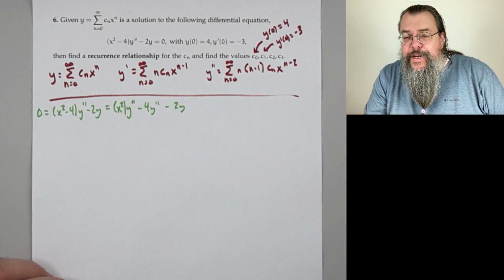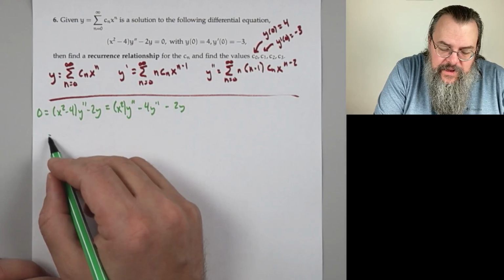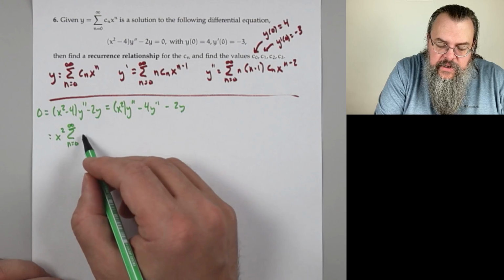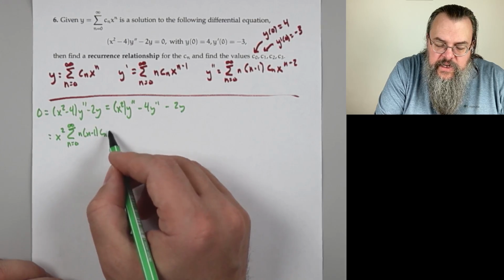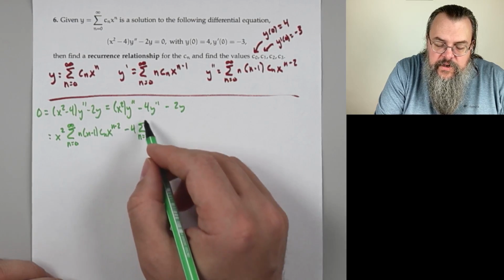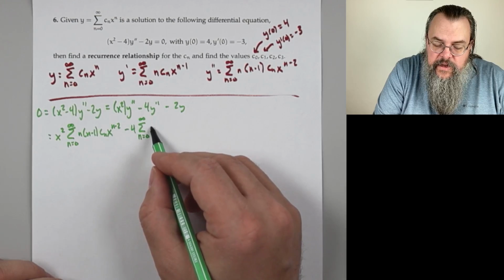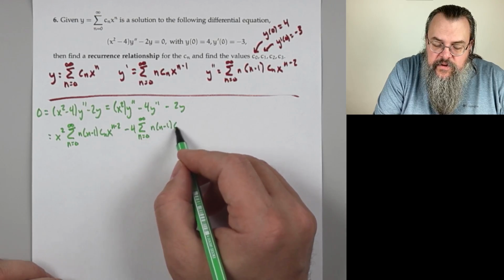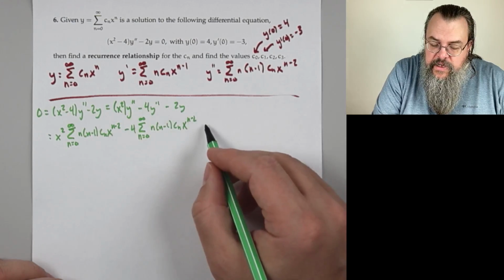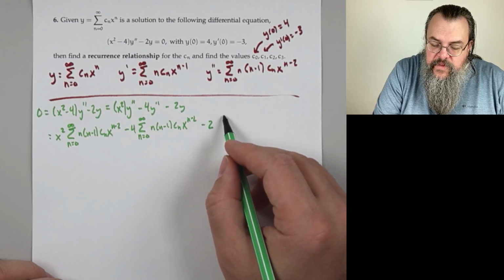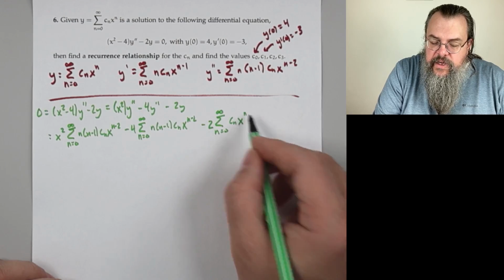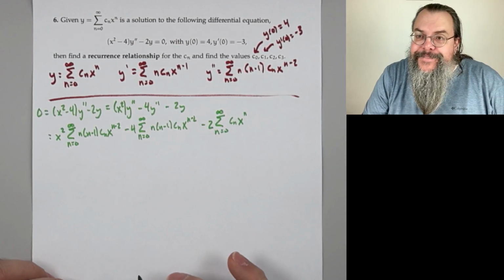So this is x squared sum n equals 0 to infinity n times n minus 1 c sub n x to the n minus 2, minus 4 sum n equals 0 to infinity of n times n minus 1 c sub n x to the n minus 2. So I'm just copying y double prime, and minus 2 sum n equals 0 to infinity of c sub n x to the n. All right, good.